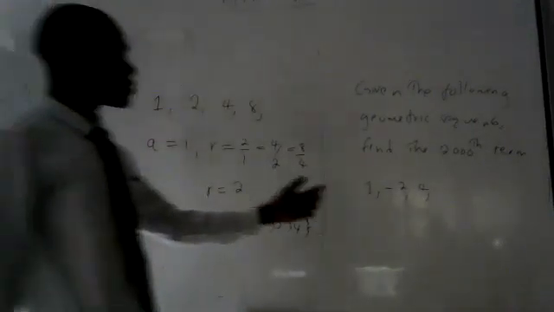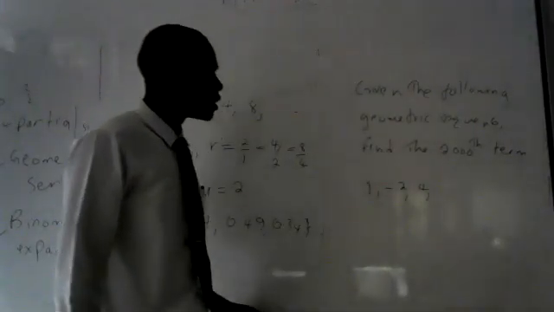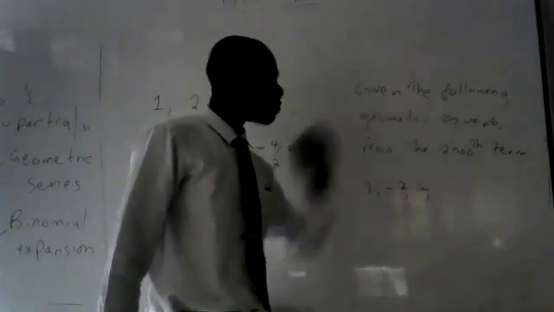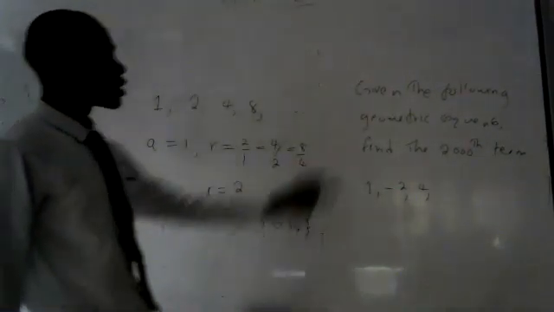So this is the sequence. Find the 2000th term for this geometric sequence.